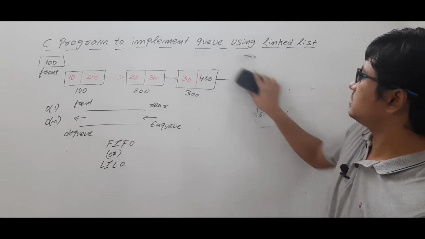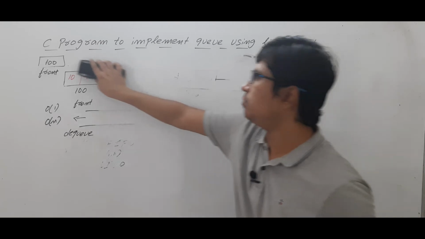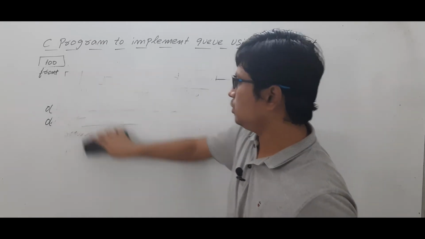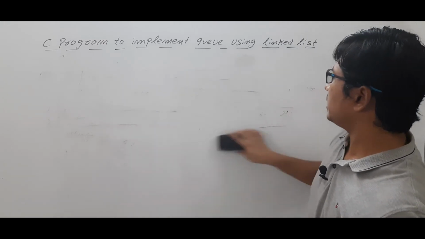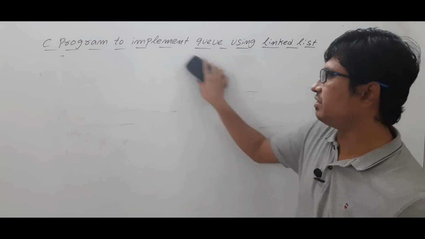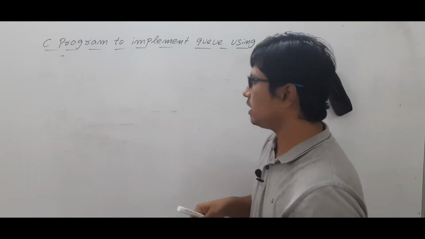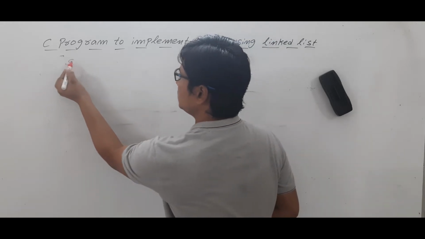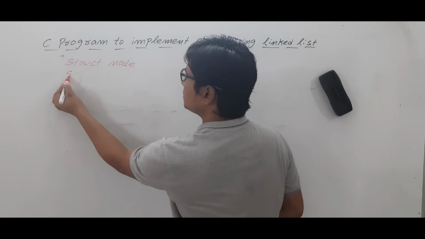Now let me discuss how to perform the enqueue operation and dequeue operation in a queue using the single linked list. To do that, I have to define a node using structures. So let me define a structure called node, which consists of two things.